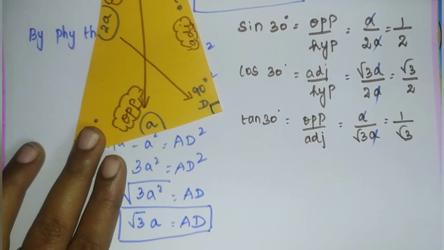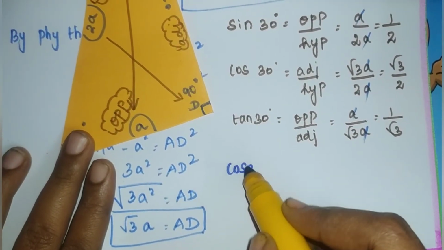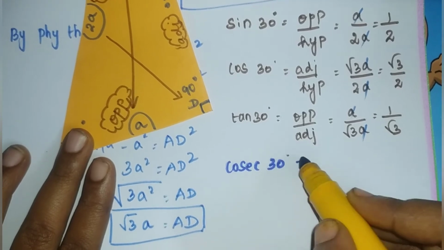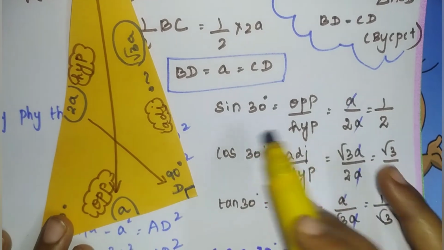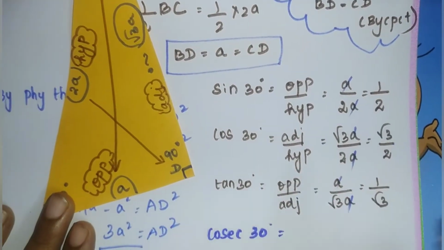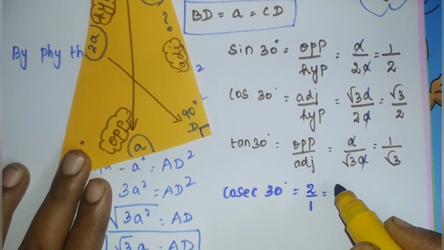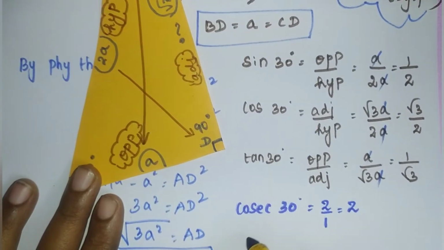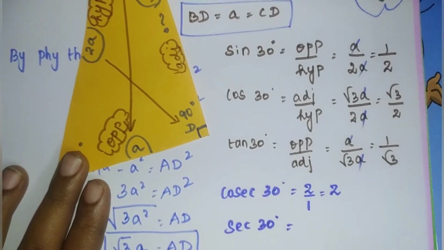So students, tell me, what is cosecant 30 degree? Cosecant is the reciprocal of sine. Sine is 1 by 2, so cosecant is 2 by 1, so the answer is 2. Clear? And then secant 30 degree.